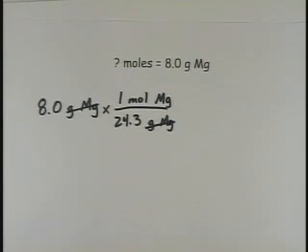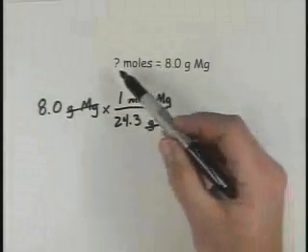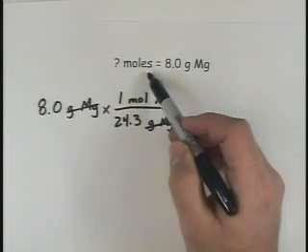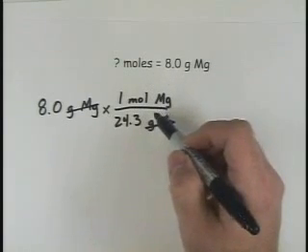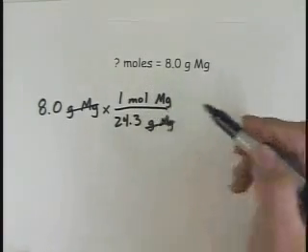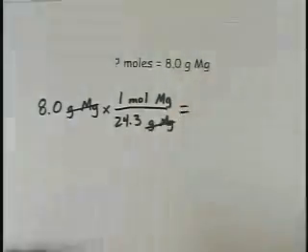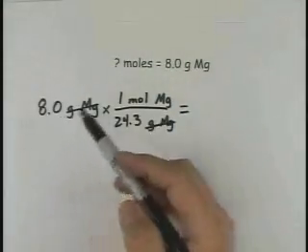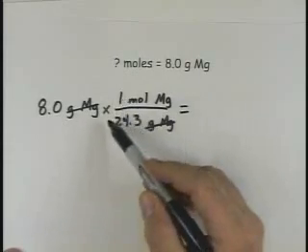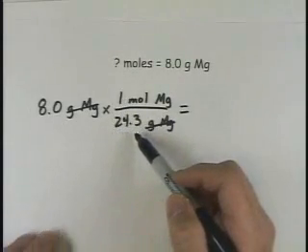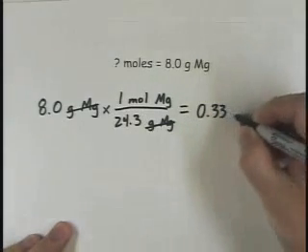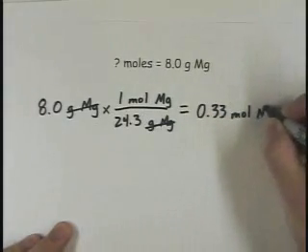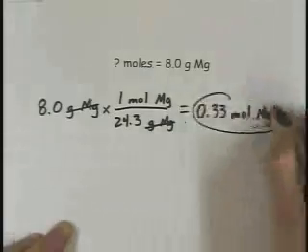Are we ready to finish it up? Well, look at our question mark and our units. We're looking for moles, and that's what we have left. So we've answered the question that we're asking. All we have left to do is multiply 8.0 times 1 and then divide by 24.3. This gives us 0.33 moles of magnesium.